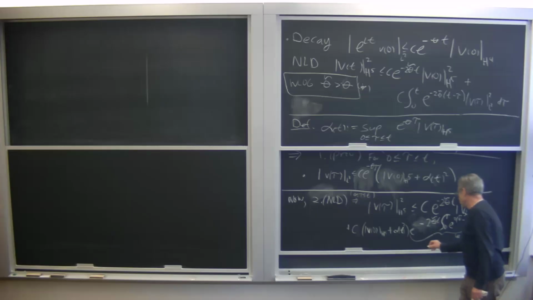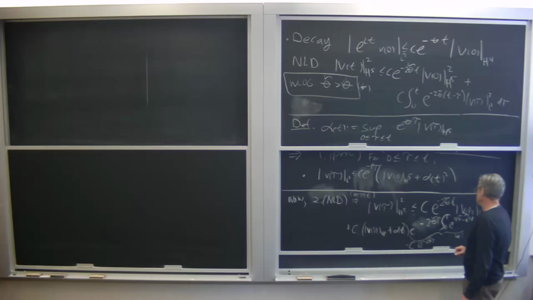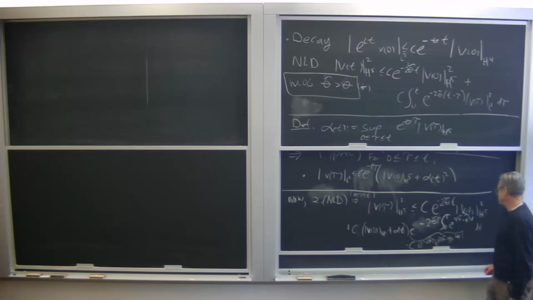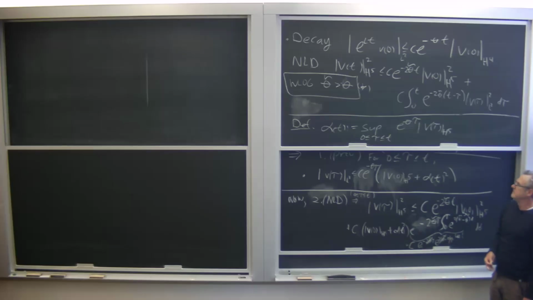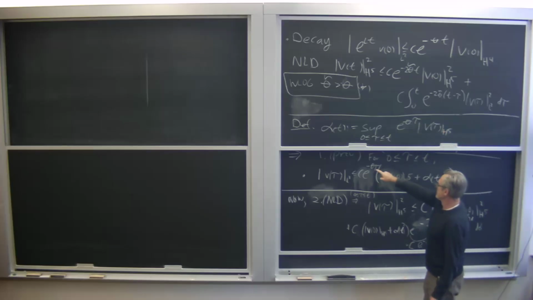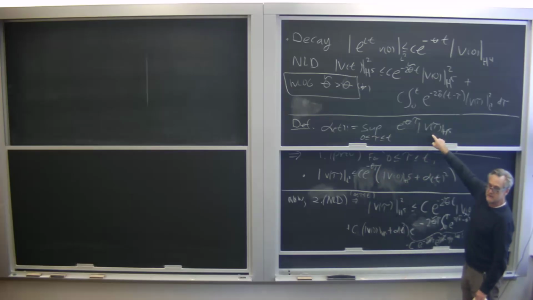Together, these give a constant times e to the minus 2 theta tilde tau, and times e to the 2 theta tilde minus theta tau. They compensate perfectly. These cancel, and they leave me the e to the minus theta t, which is what I'm after. That's the bound that I had. That's what I'm getting from the linear part, and that's what I used in the definition of alpha.